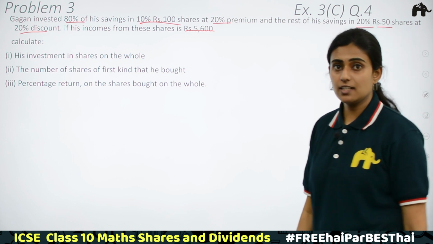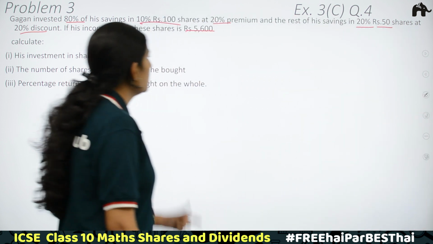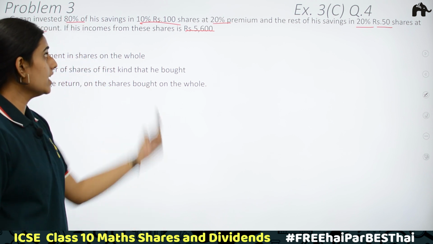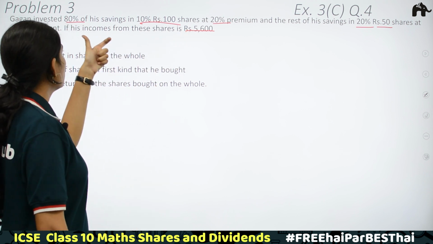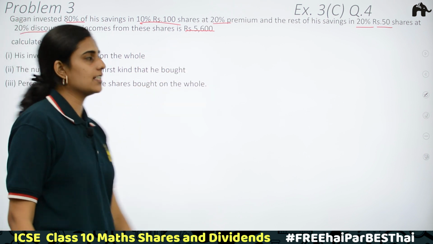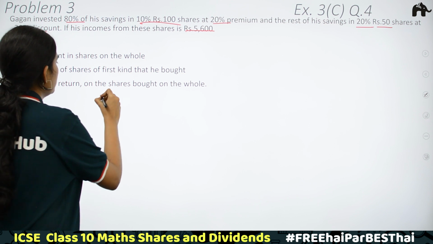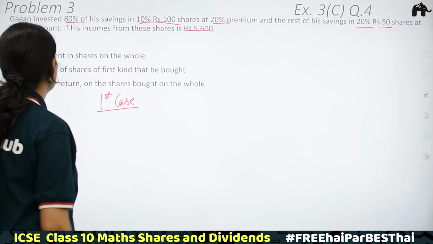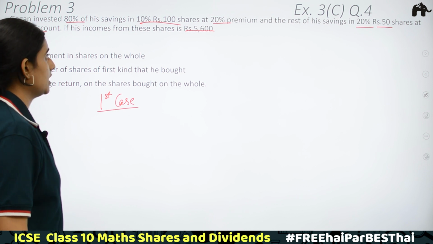Is the question clear? We have to find the total dividend in both the cases. Total dividend is given, that is the income. Income and dividend are the same, that is rupees 5,600. Let's take the first case. First case, what are the given quantities?